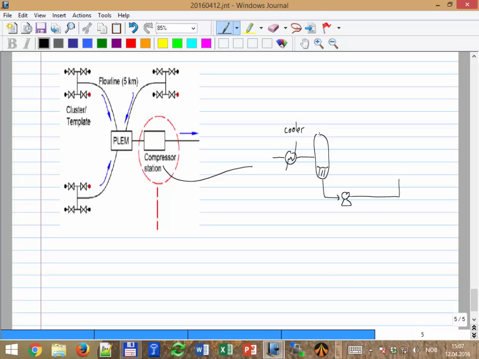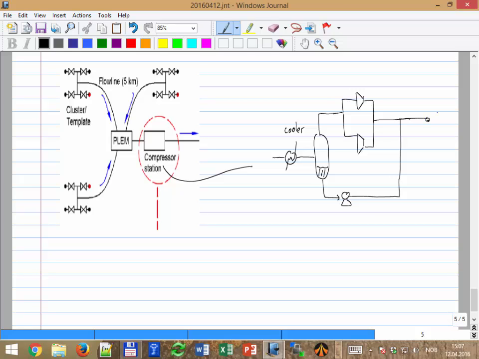And here you have the compressor, and the way it's going to be done is there will be 2 compressors in parallel, and they are mixed at the end and that goes out.